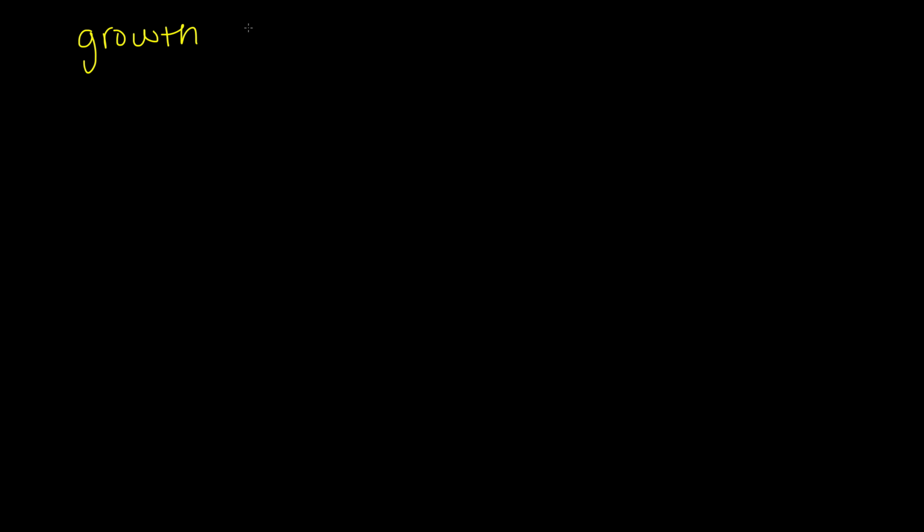Growth is when the base of your exponential function is greater than 1, so you are adding to the population. Growth would be like a population growth. We see this in different countries. Decay would be something that we see, let's say, in carbon dating, where carbon breaks down by half through X amount of years.